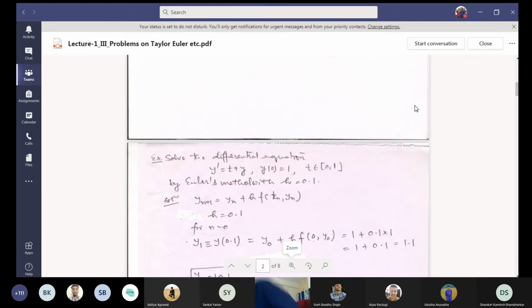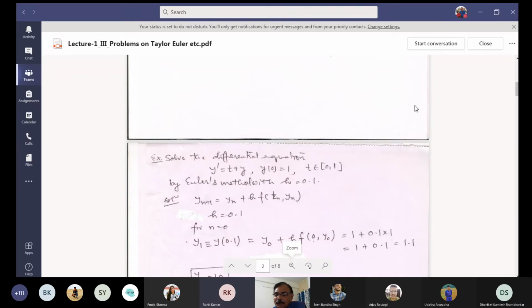Quickly tell me the value. So 1.24. Others also. Sir, 1.24.